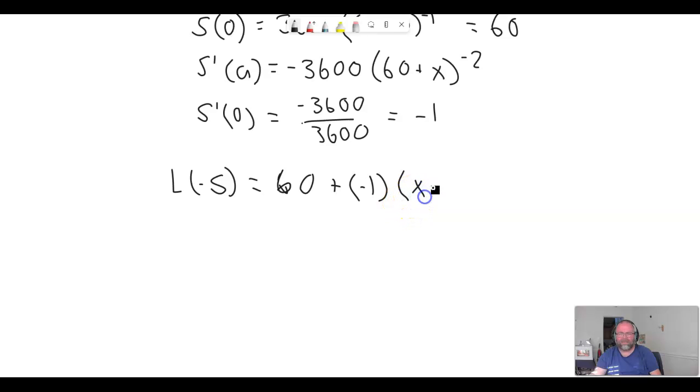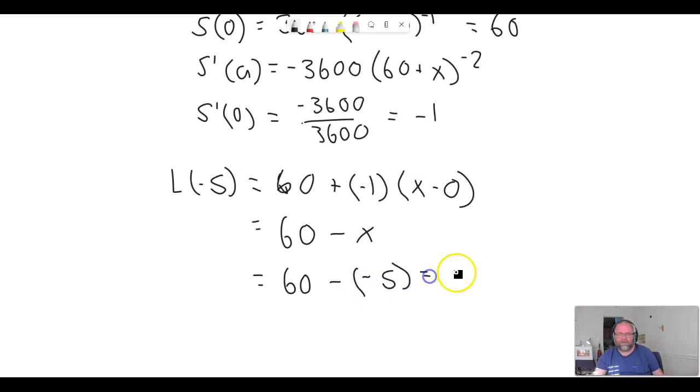Remember, we chose a as 0 there. So this is going to equal 60 minus x. Then evaluating that at -5 is going to give us 60 minus the -5, which is equal to 65.